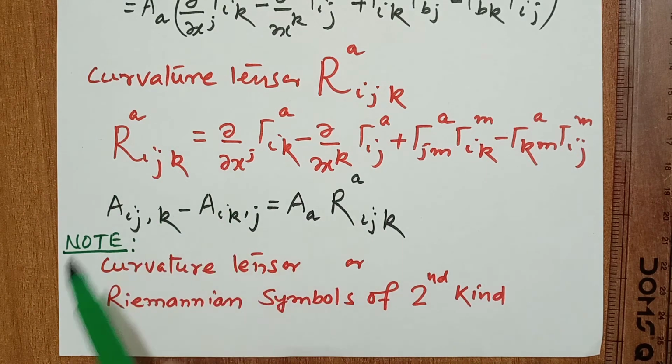Remember there are many synonyms of the curvature tensor: Riemann-Christoffel tensor, Riemann-Christoffel curvature tensor, curvature tensor, or Riemannian symbols of second kind.